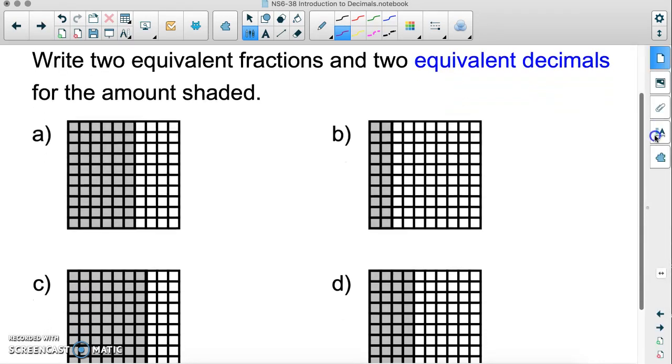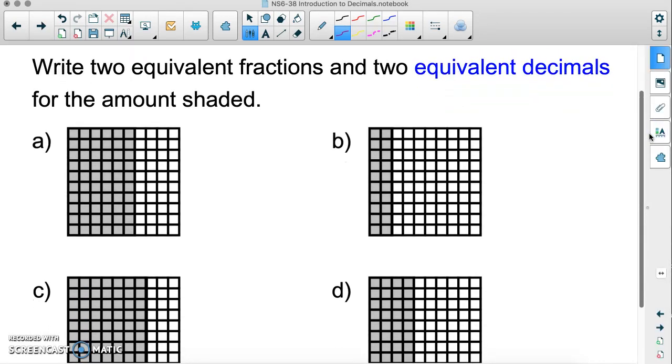So here are some exercises for you to do. We'll do A together. It says write 2 equivalent fractions and 2 equivalent decimals for the amount shaded. If we look at this first picture here for A, we see that we have 1, 2, 3, 4, 5, 6 columns shaded. So we have 6 tenths shaded, which is the same as saying 60 hundredths.